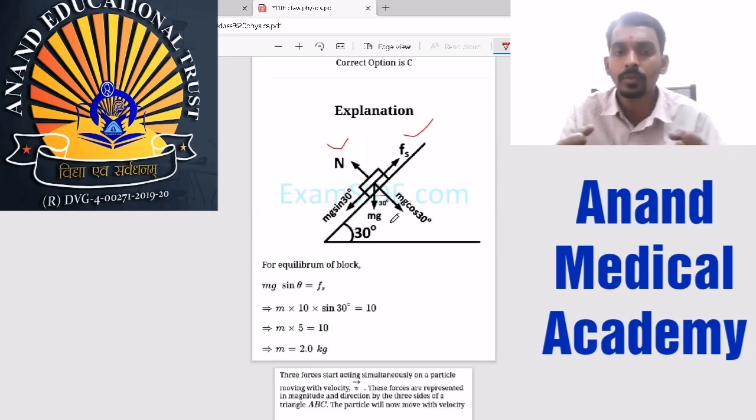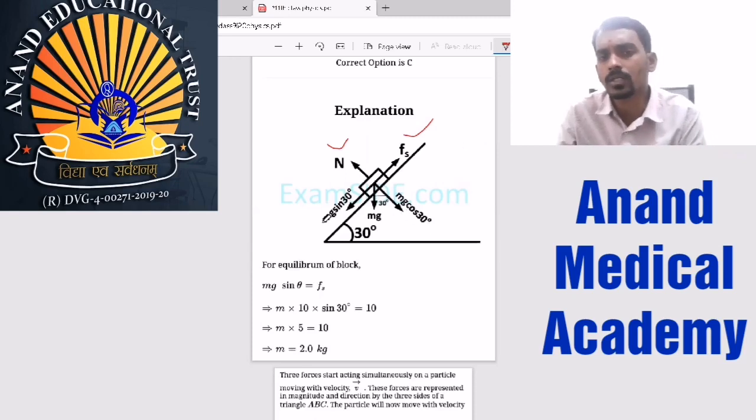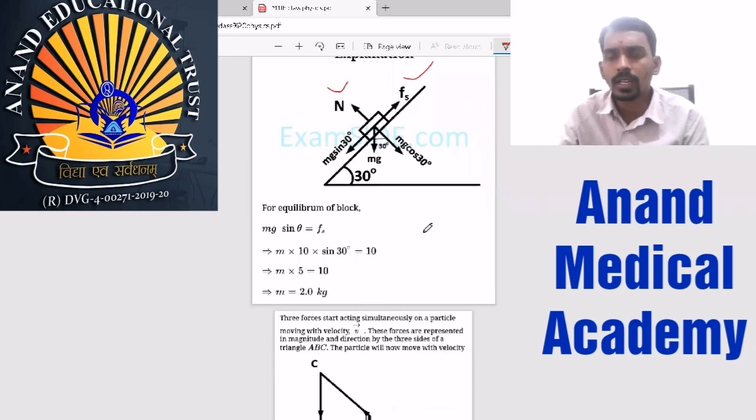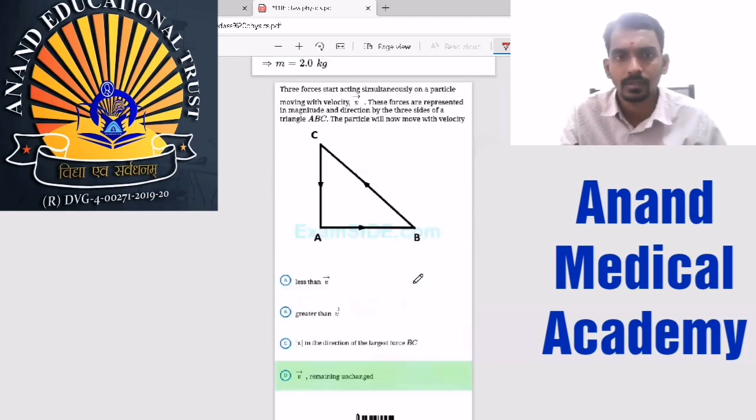This is nothing but the free body diagram. So it is one of the important questions. As it is in equilibrium, you have to balance all the forces in all the directions. And one more thing I would like to tell you, whenever the body is in equilibrium, you choose the x-axis and y-axis. Then you have to balance the forces along x and y.